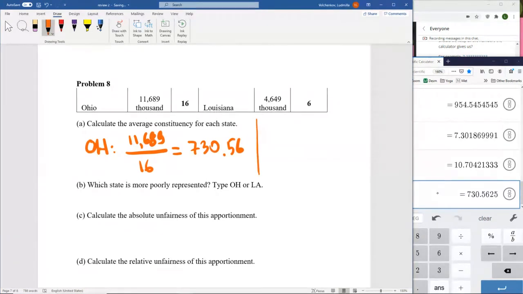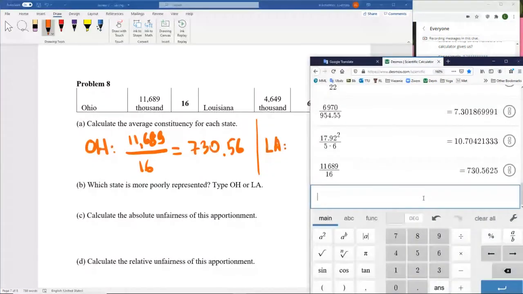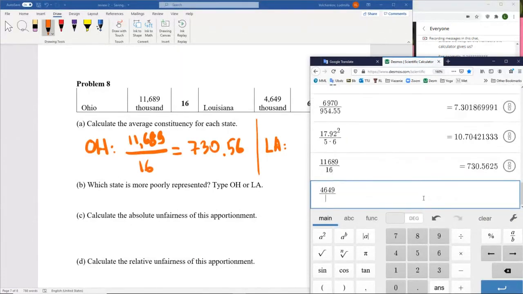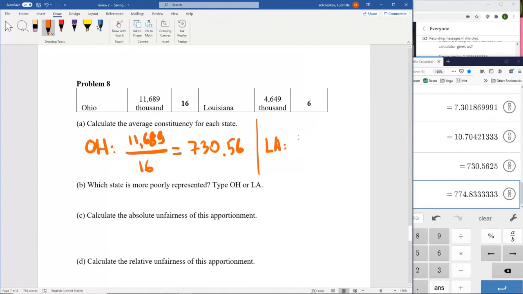Okay, and then Louisiana, the same. We take the population, 4649 divided by 6. And we get the average constituency, 774.83.